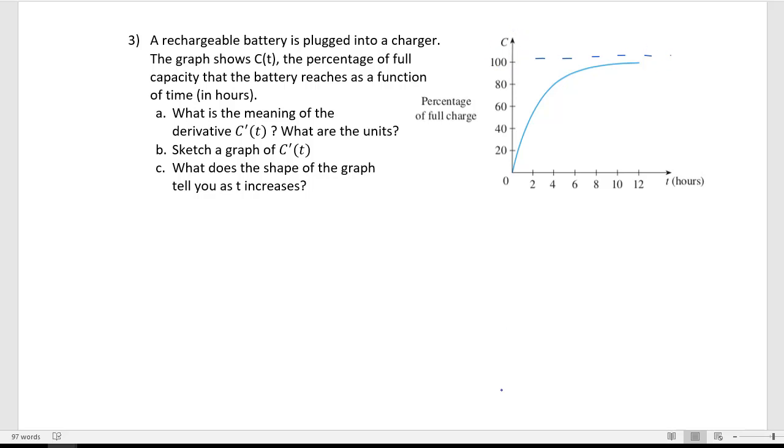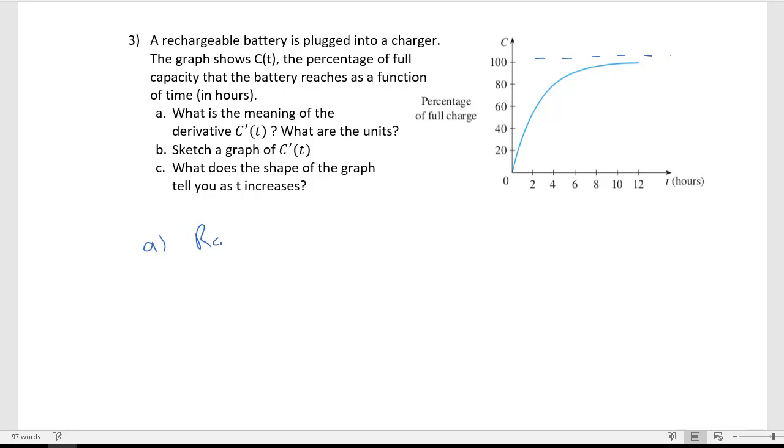This is percentage full. So letter A says, what is the meaning of the derivative C prime and what are its units? Right? So again, the meaning of the derivative is it's the instantaneous rate of change. If we think back into a physics problem, right, that's feet per second, miles per hour. It's like our velocity. So this is really the rate at which the battery charges, right?